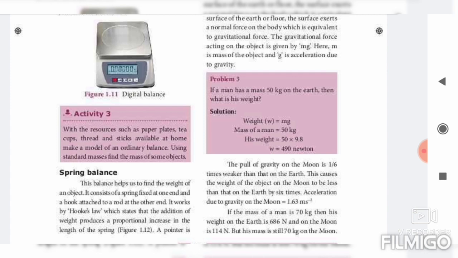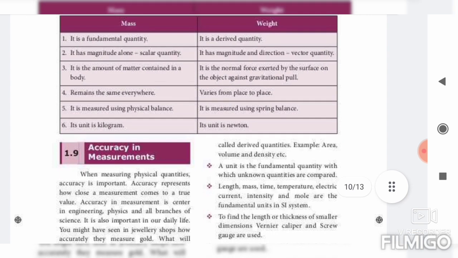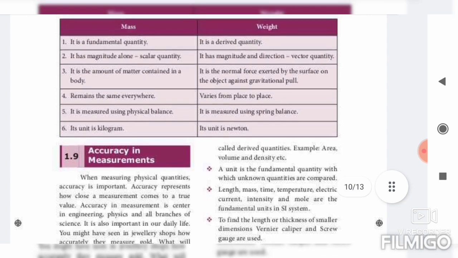What is the unit of weight? Newton is the unit of weight. It is a force unit, so weight also. Okay, the next one: difference between mass and weight. The table columns. First one, mass is a fundamental quantity, weight is a derived quantity. Mass has magnitude alone, a scalar quantity. Weight has magnitude and direction, a vector quantity. Mass is the amount of matter contained in a body.